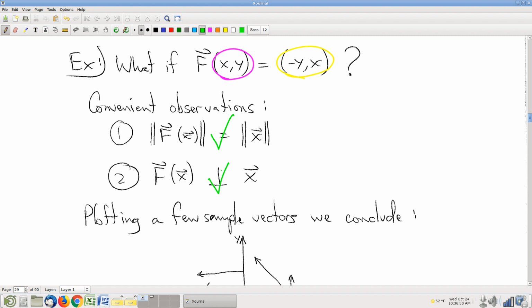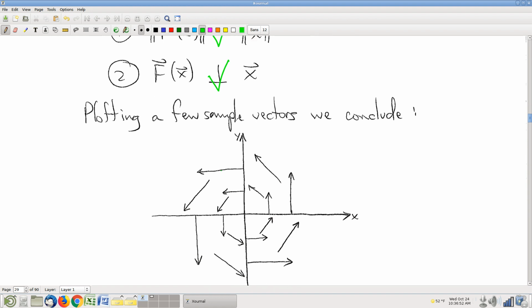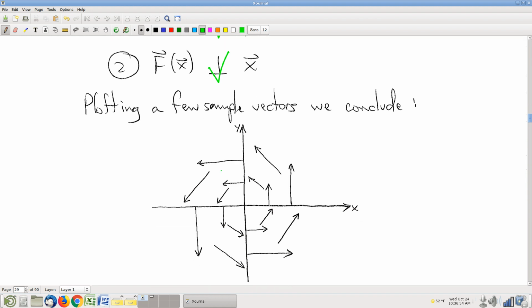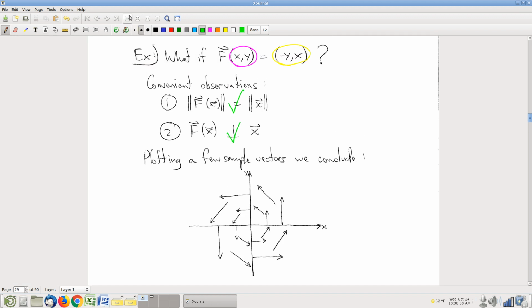And if you combine those, it's not hard to persuade yourself that the picture ends up looking like this. So any given point, like say that one, the field vector is perpendicular but with the same magnitude as the position vector, of course being that, and so you get something like that.